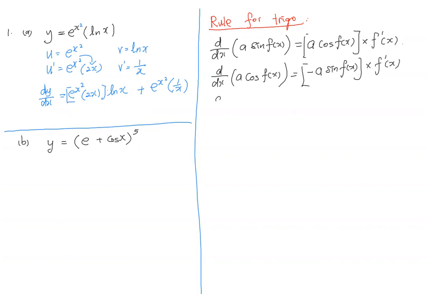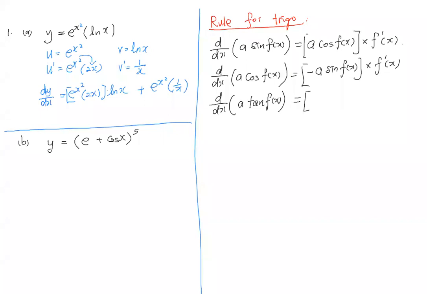If you differentiate tangent, Raj, what do you get? This one you have to really write down, okay? Raj not here?